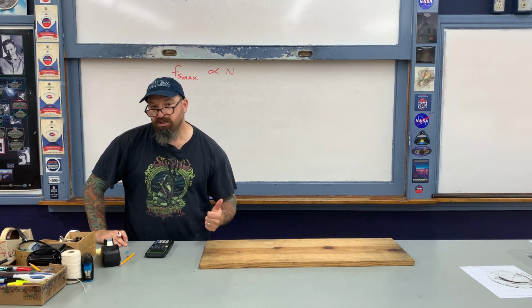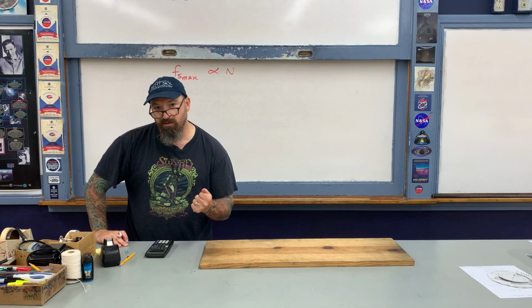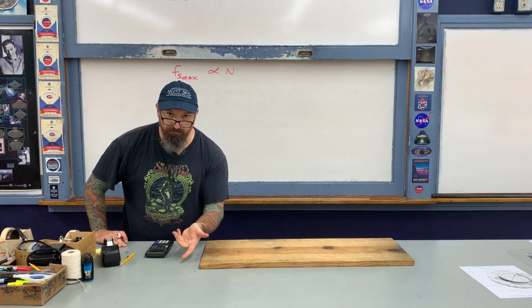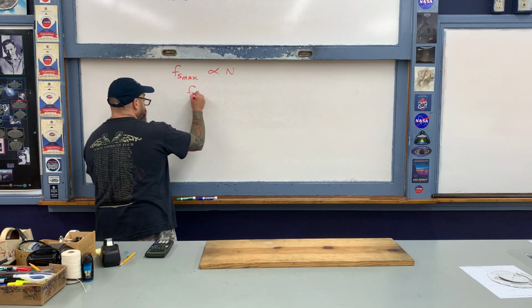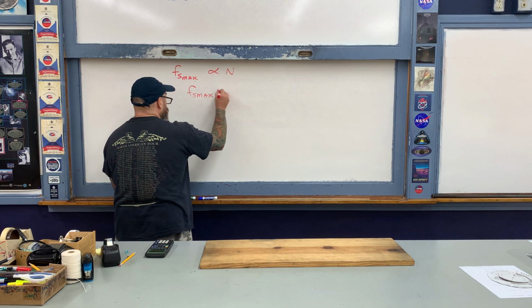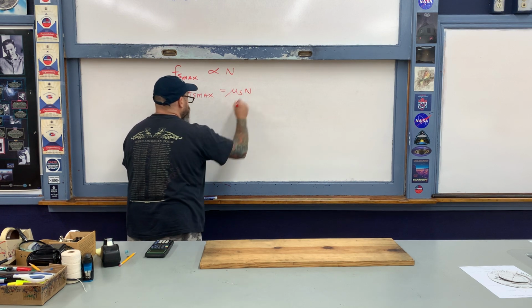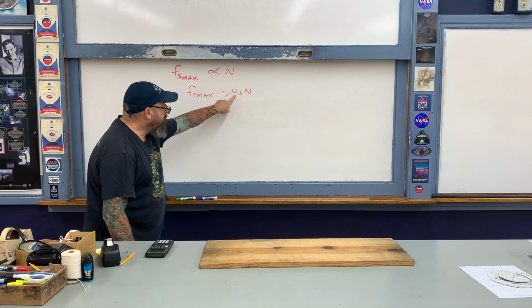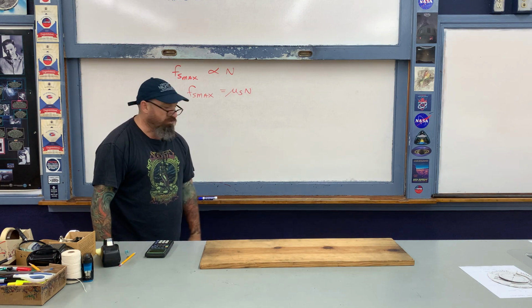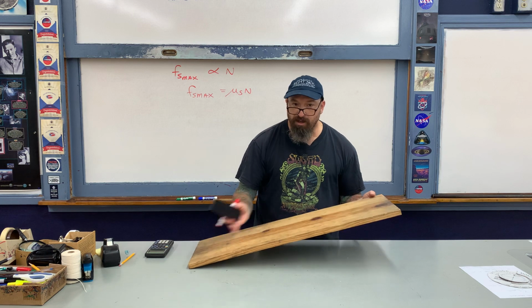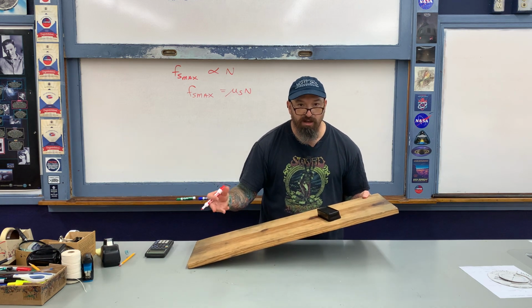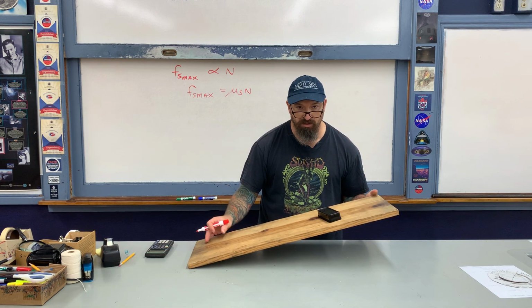Now, like there was for kinetic friction, we have here for static friction another coefficient. This is called the coefficient of static friction, and it is written as mu sub s. It's once again an empirical property of the two surfaces of contact. So it's not a property of the eraser, it's not a property of the board, it's a property of the two surfaces in contact with one another.